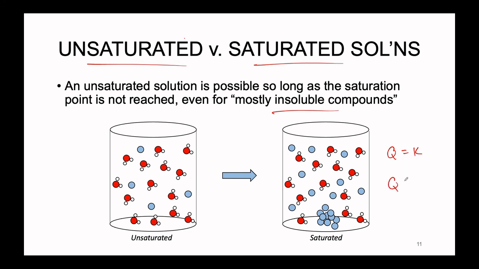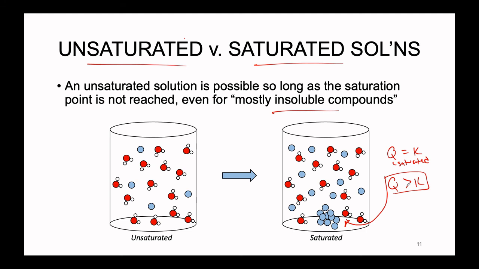Anytime our Q is greater than our K, there's going to be a little bit of solid sitting inside of our solution, because we have too many products according to our reaction the way that we have it written, meaning that a solid must form. So if our Q is equal to K, we are saturated, perfectly saturated, no excess, but once that Q is greater than our K, we are going to go beyond that saturation limit.